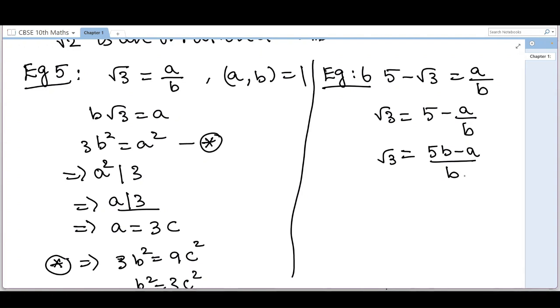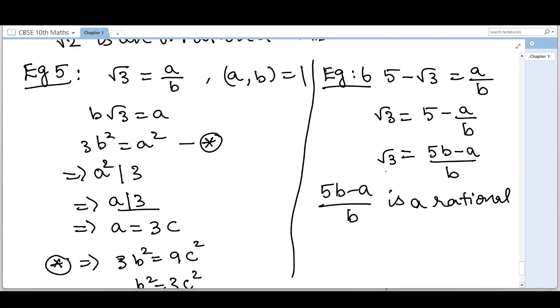Since 5, a, b are all integers, 5b is also an integer, 5b minus a is also an integer, and we have an integer by integer form. Therefore, this right hand side, (5b minus a) by b, is a rational number, right?